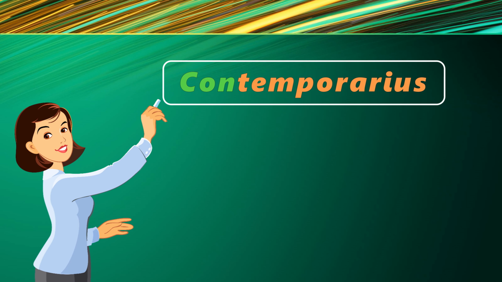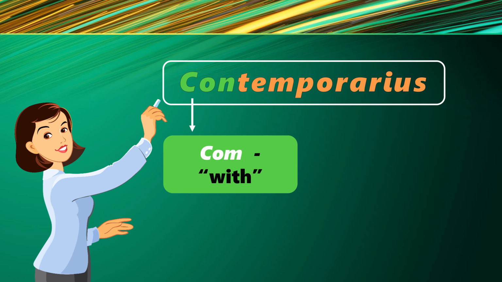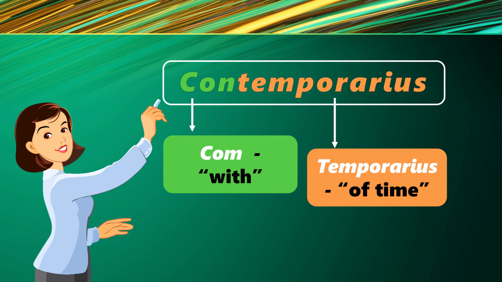In order to better understand the concept, let us study the meaning and origin of the words. The word contemporary is from the Latin word contemporarius, from cum, which means with, and temporarius, which means of time. While the word issue means a matter of public concern.